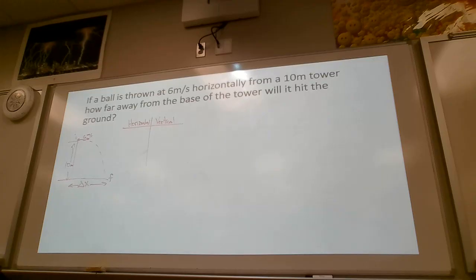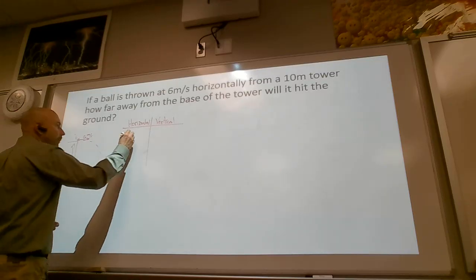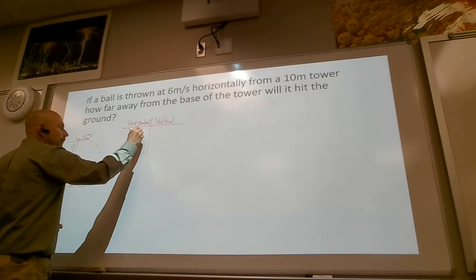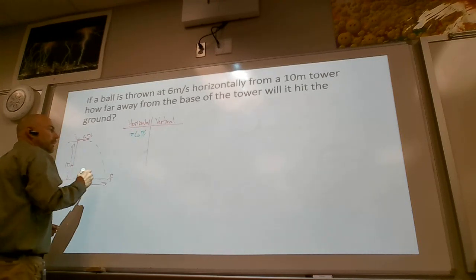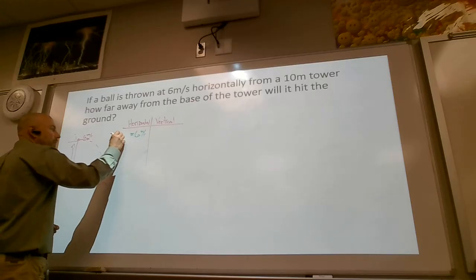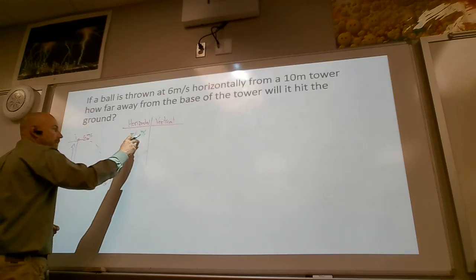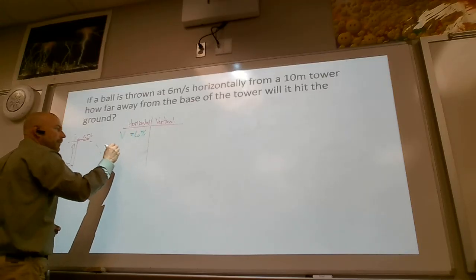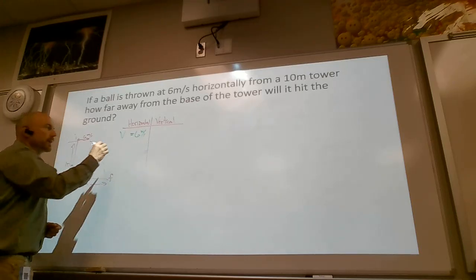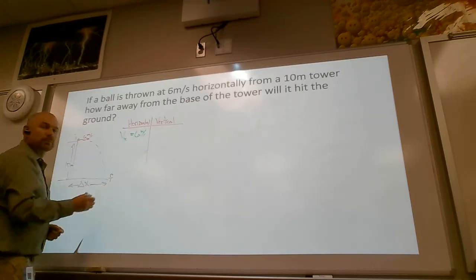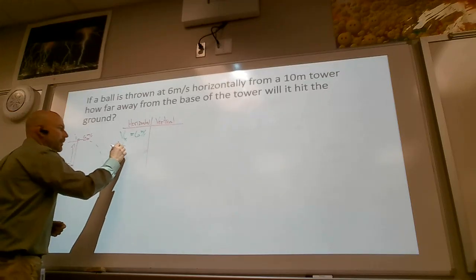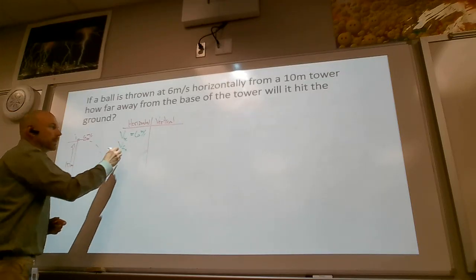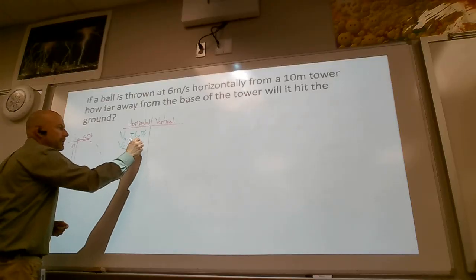Let's just start horizontally. What variables can we put up there horizontally? 6 meters a second, and what variable do we give that? That is what type of measurement? Velocity. Velocity, okay? We could say initial. What is our final? Also 6.